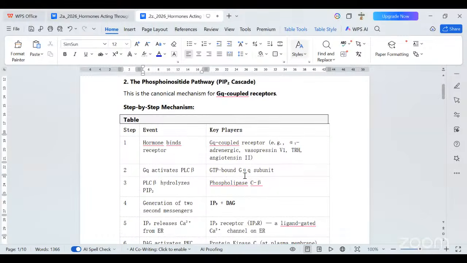In a step-by-step mechanism, the first thing that happens is that the required hormone binds to the receptor, that is the Gq coupled receptor. And once the hormone binds to its receptor, Gq activates PLC beta.